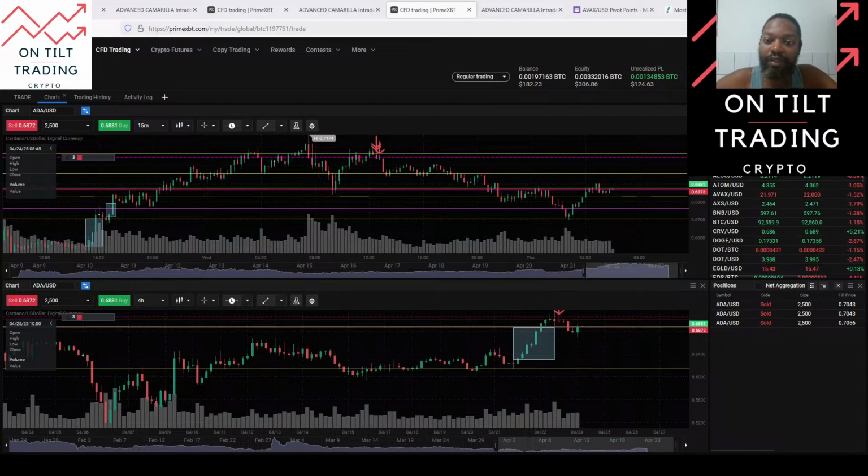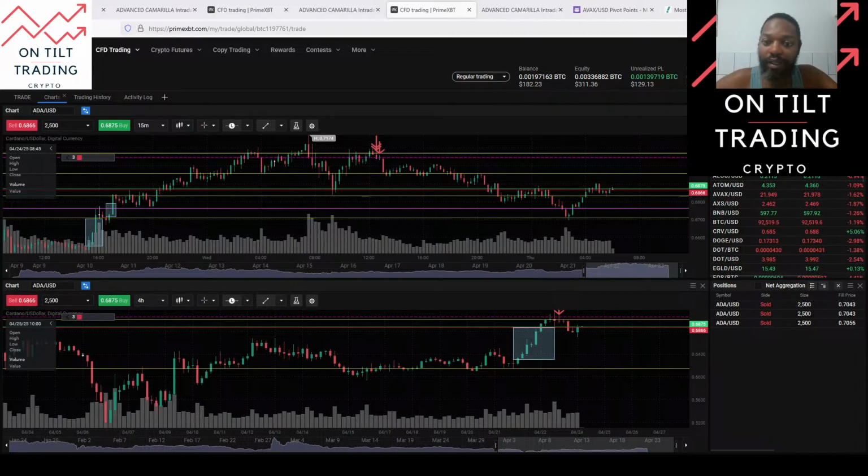So quite a bit of pullback here on Cardano this morning. But if Cardano can close below and get some continuation, get a pullback into the range here, again, I'd be going for the S10 target, and we can get a look at the target in a minute.